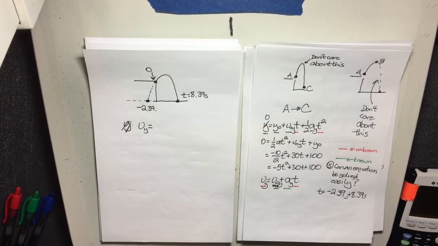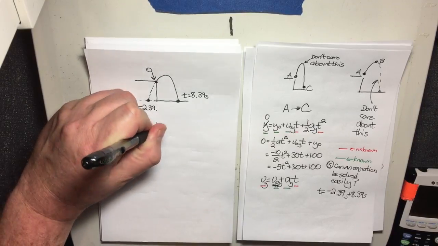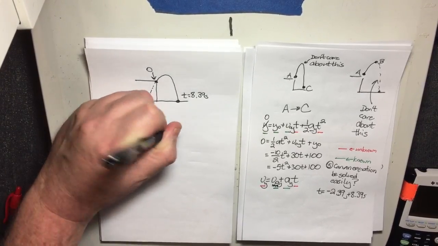Because that thing's coming down. If it was going up, it would have a positive velocity. Or if you said down was positive, it would then have a positive velocity. But in this case, we've said down is negative. I know for a fact that this thing is coming down at impact, so it's got to have a negative velocity. So v naught y plus at.